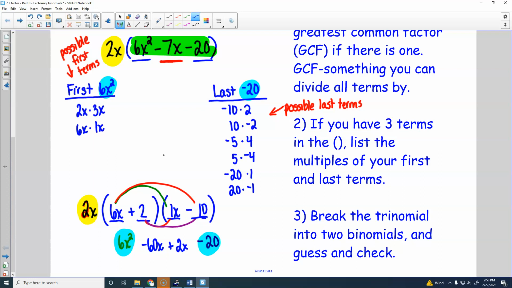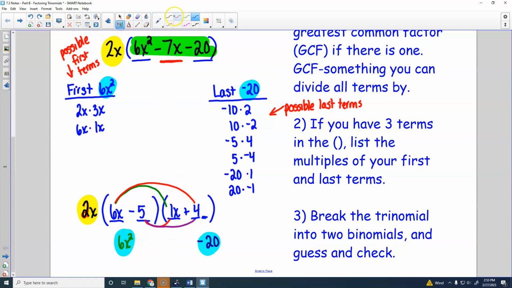So that means we either need to change our 2 and 10 or our 6x and 1x. Negative 5 and 4. Let's try that. So I'm going to erase these here, and I'm going to try negative 5, positive 4. Erase this middle stuff here.